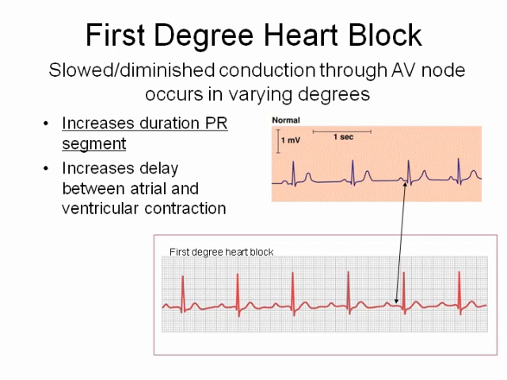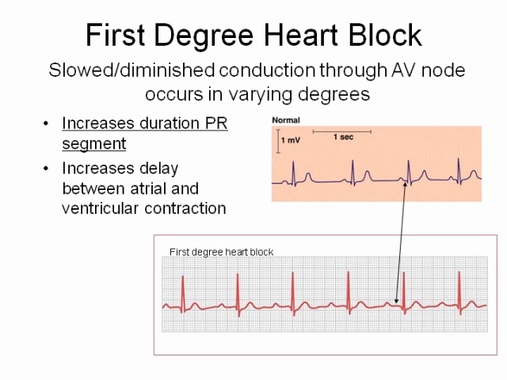So first-degree heart block. What we have is slowed conduction through the AV node. Now remember we talked about before, it takes about 1/10 of a second for the depolarization to move through the AV node. In first-degree heart block, it actually takes longer. And that is shown here by the fact that this PR interval is much longer than it is in the upper tracing.